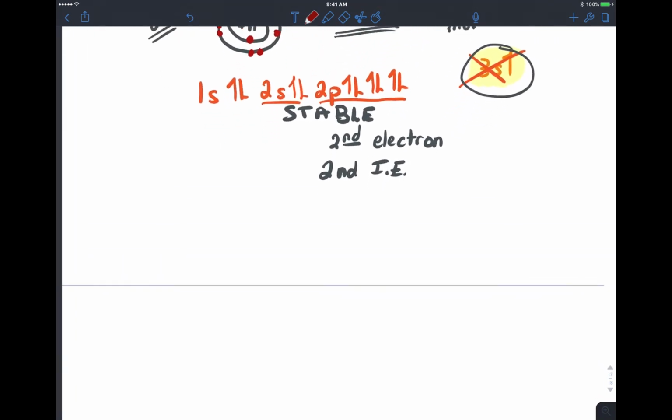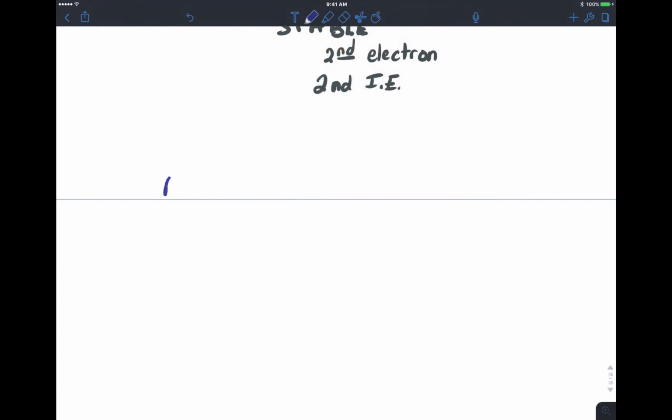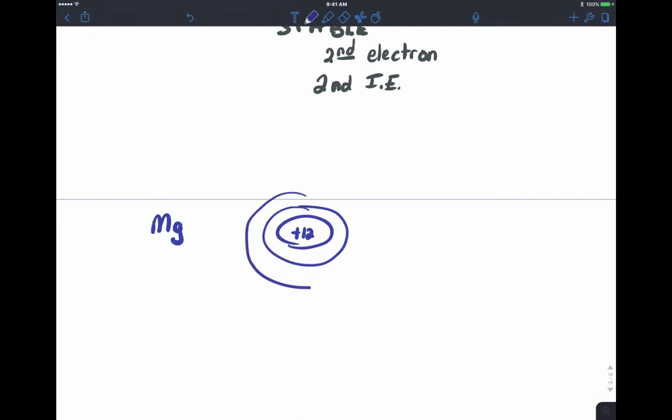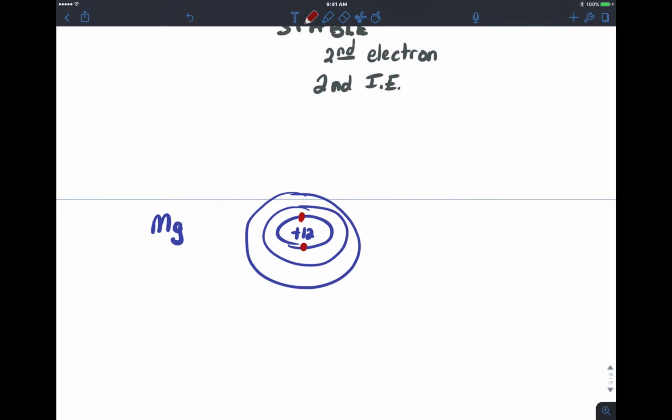All right, so we're done with the sodium. So if we have magnesium, magnesium is going to be the next element on our periodic table, element number 12. So if you have 12, still on that third energy level, but this time it's not going to have 1 outer electron, it's going to have 2.